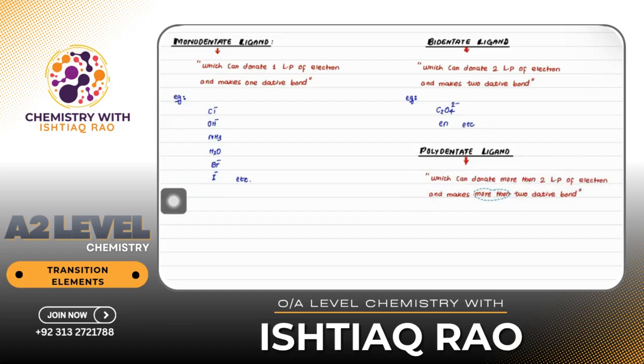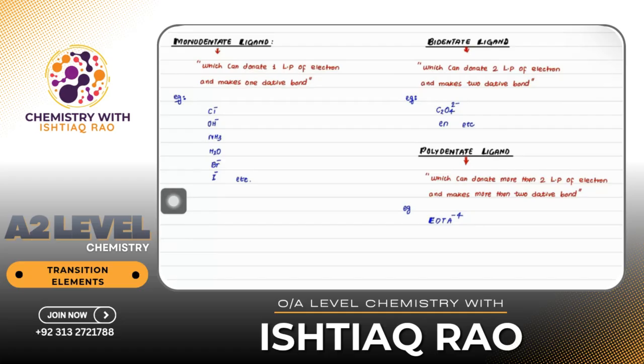That's called polydentate ligand. What's an example? EDTA 4 minus. It's a ligand which can donate six lone pair of electrons.